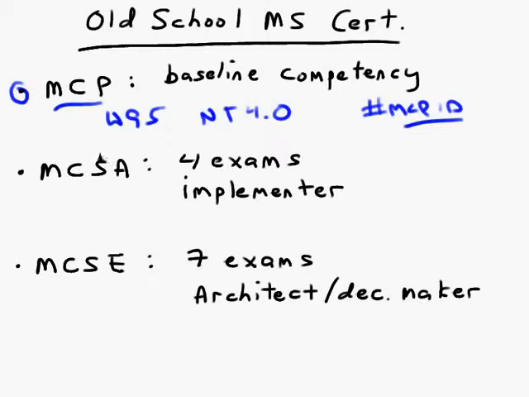In the IT Pro space, in the old scheme of things, you became either an MCSA and or an MCSE. What do these stand for? MCSA stands for Microsoft Certified Systems Administrator. It takes 4 exams covering technologies like Windows Server 2003 and Windows XP to earn this title.